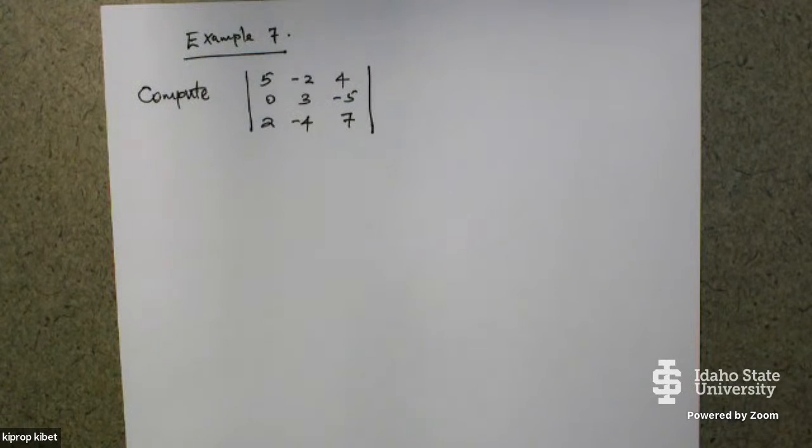So that is actually a single number that we get from the matrix.